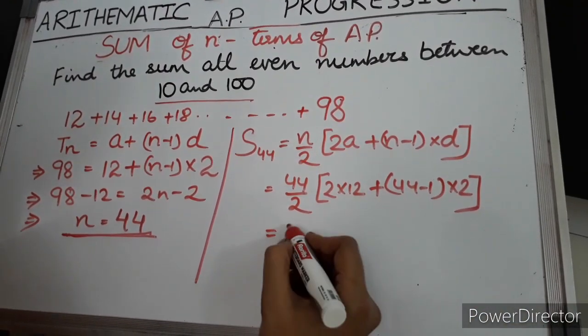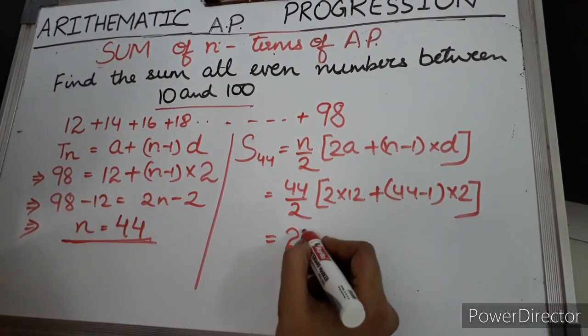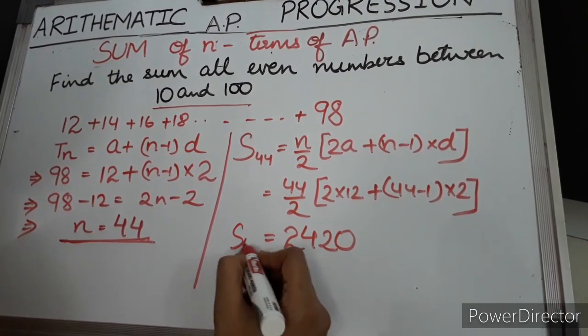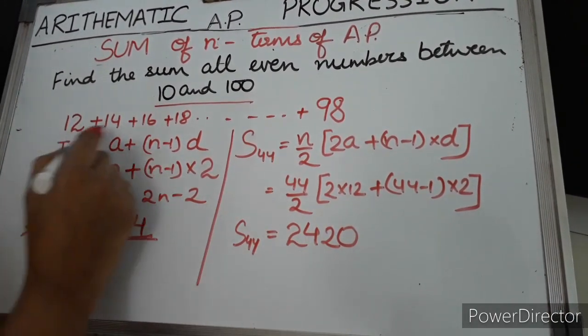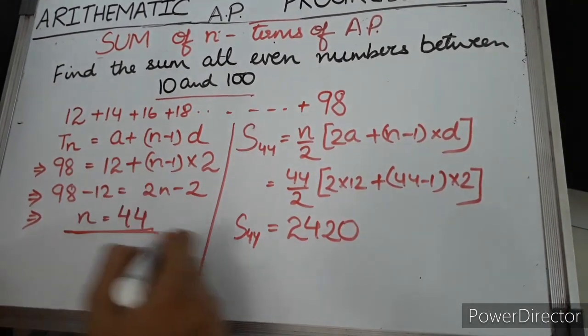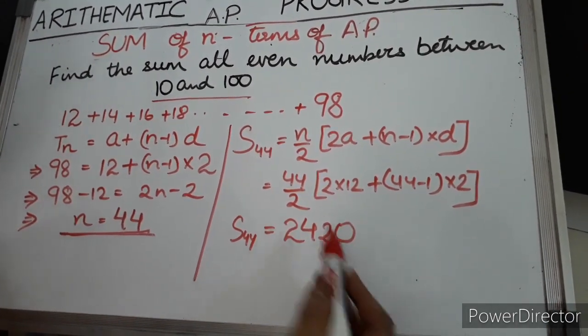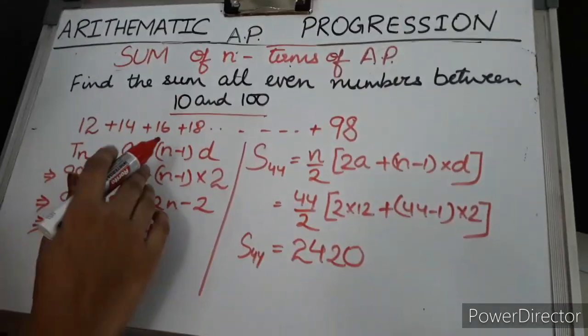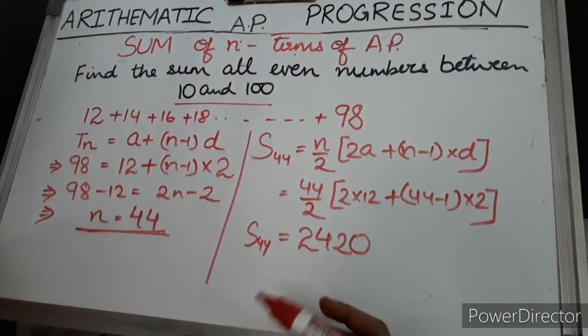Further solving gives the answer 2420. So to find the sum of such a series, this is the methodology we have to follow. It is very easy. We just put the values in the formula. We have to understand what is given in the question and how to proceed.